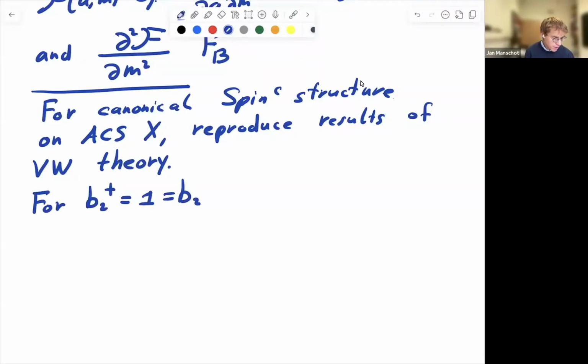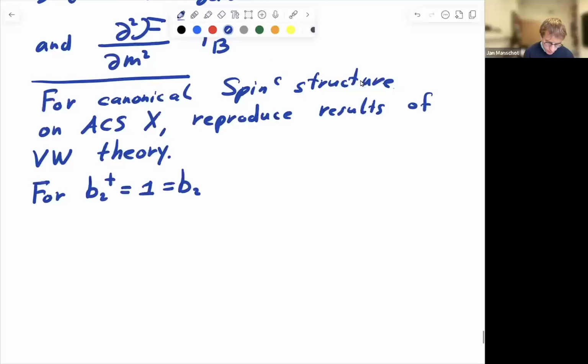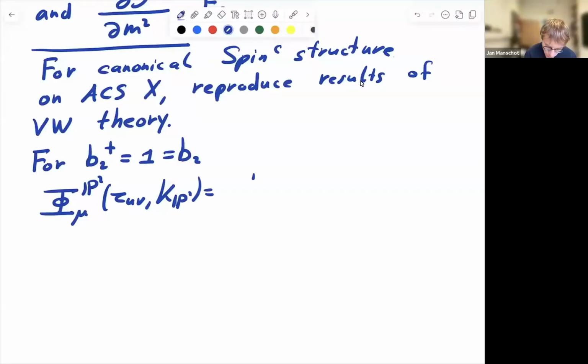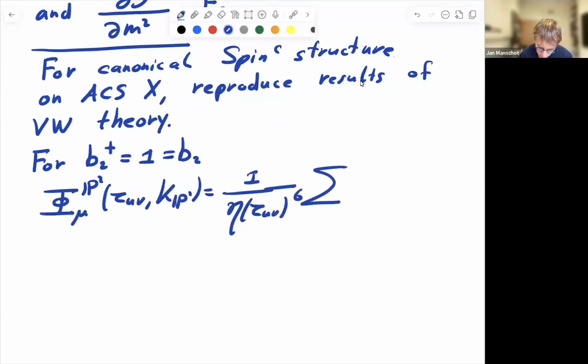We reproduce results of class numbers, which appeared in the context of Vafa-Witten theory. So we had an expression like this: B2 is equal to 1 divided by the eta function to the power 6, times the sum over integers, possibly half shifted.